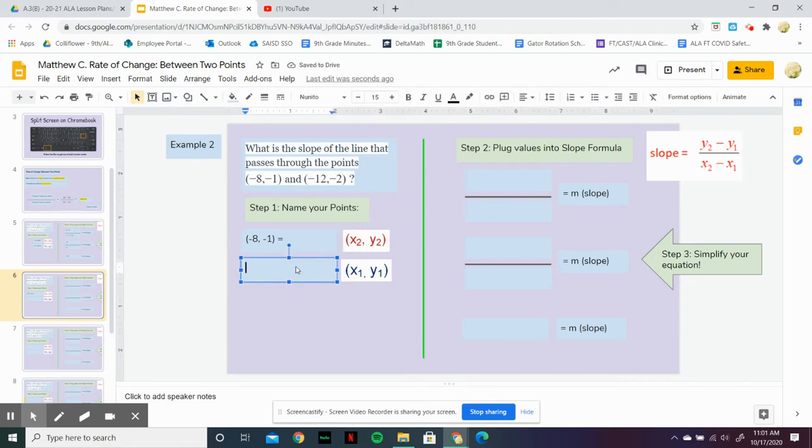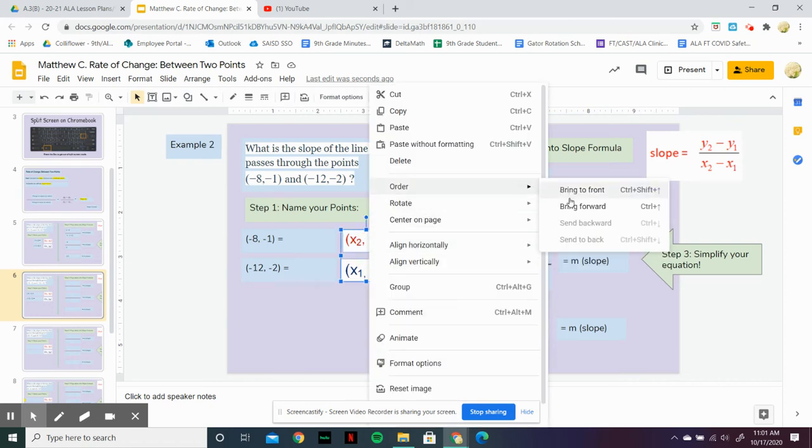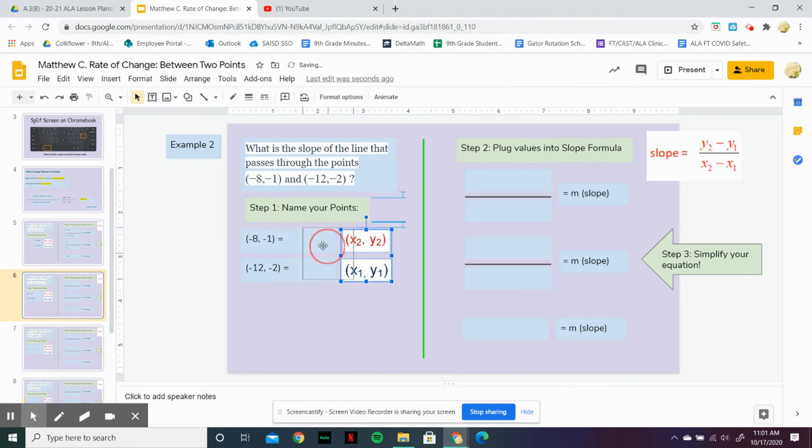Just leave it there. And I'm going to set -12, -2 equal to x1, y1. So those are my 2 points.